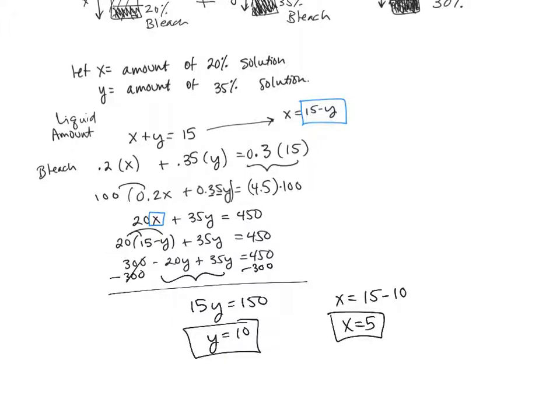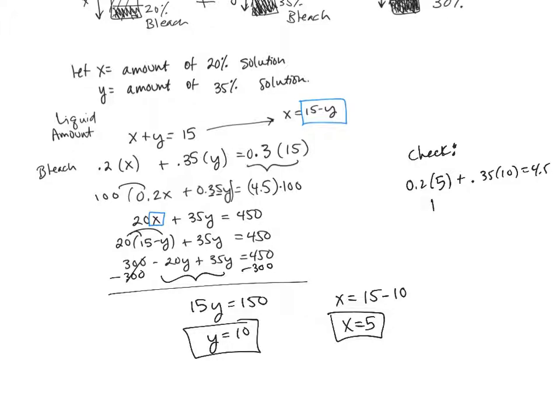It's worth doing a quick check. Let's see, we've got 0.2 times 5, plus 0.35 times 10, and does that really equal 4.5?